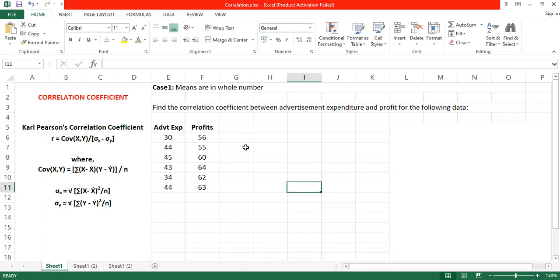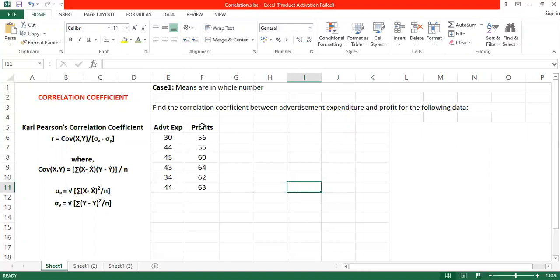Right. See, our problem says find the correlation coefficient between advertisement expenditure and profit for the following data, and values for advertisement expenditure and profits are given to us. Now, advertisement expenditure is a variable for the company because every year or every month, they can change the amount of expenditure spent on advertisement, right?